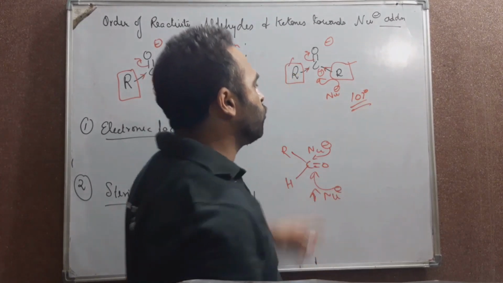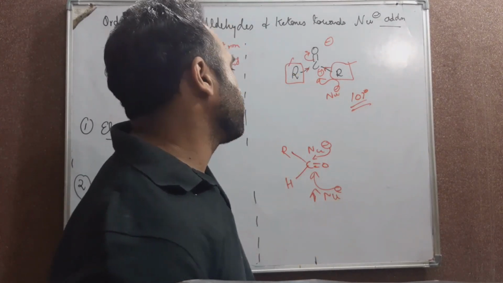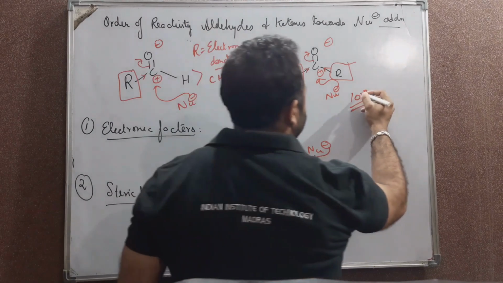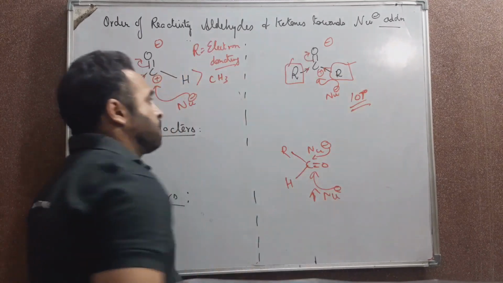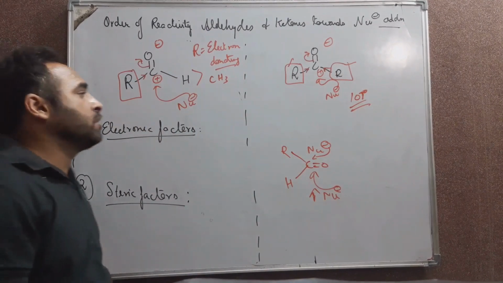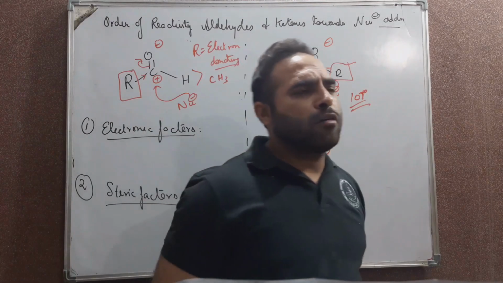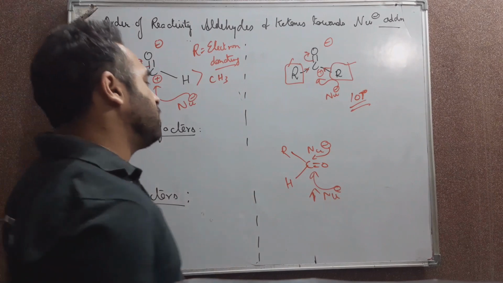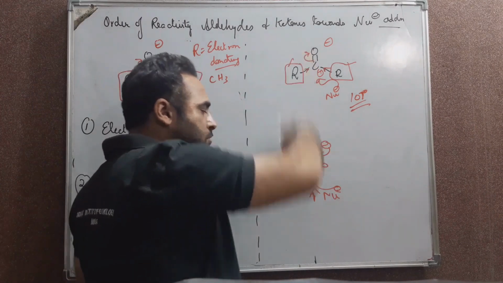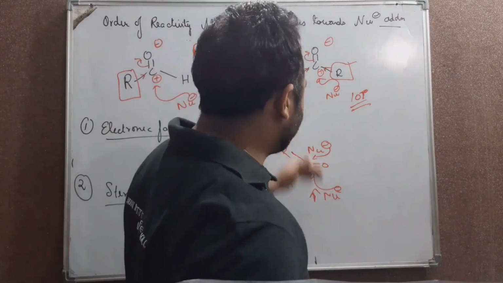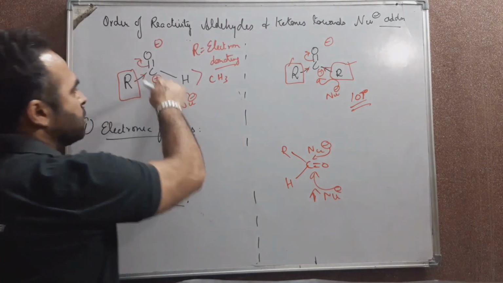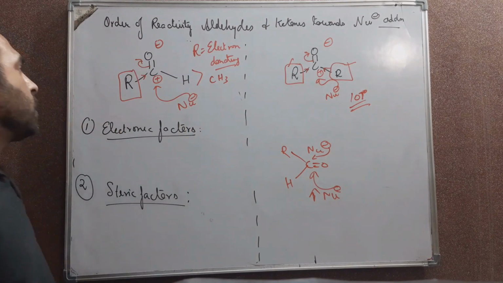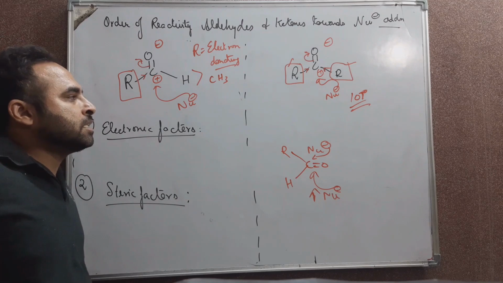That is the Bürgi-Dunitz angle. The attack is at around 106 to 107 degrees, not at 90 degrees. The nucleophile never attacks at 90 degrees to the carbonyl carbon. The carbonyl group is a carbon-oxygen double bond. Okay, I hope you got the lecture.